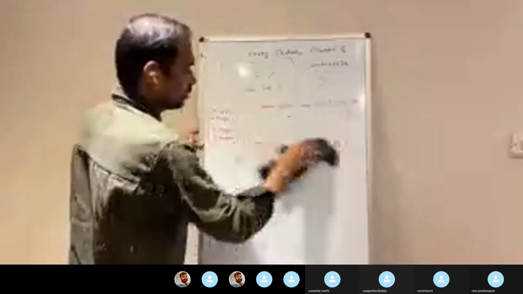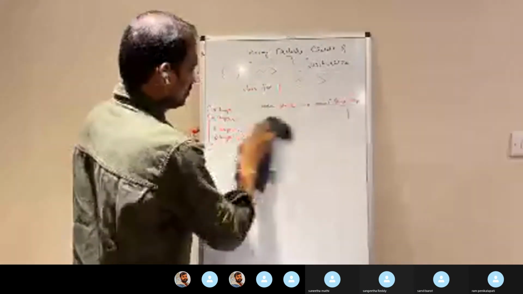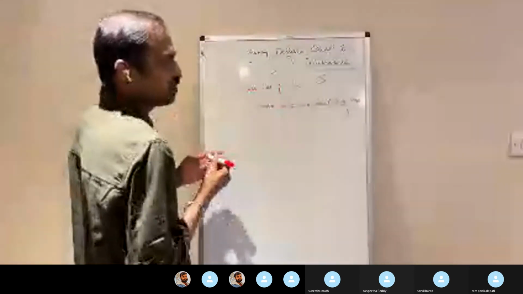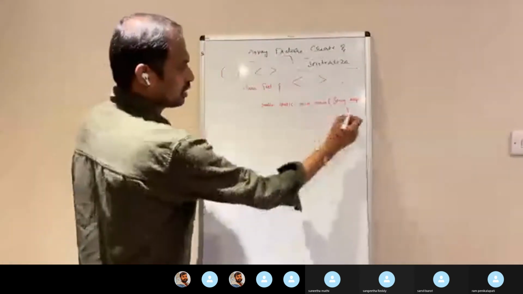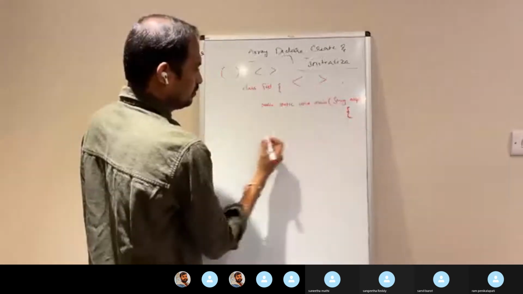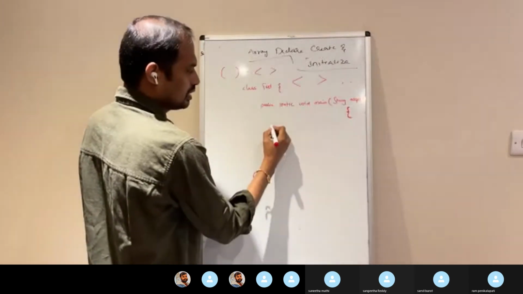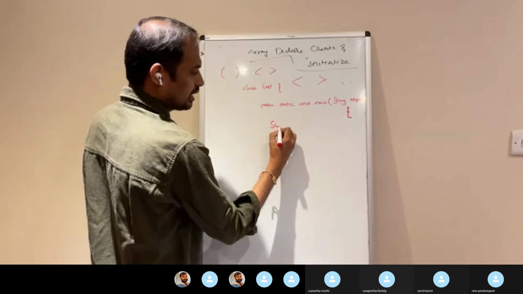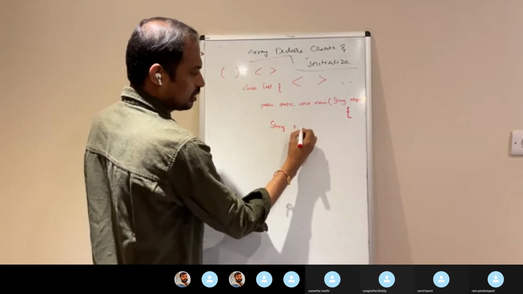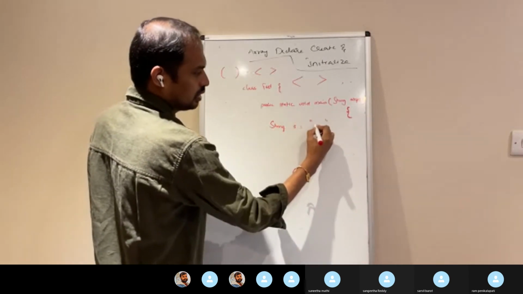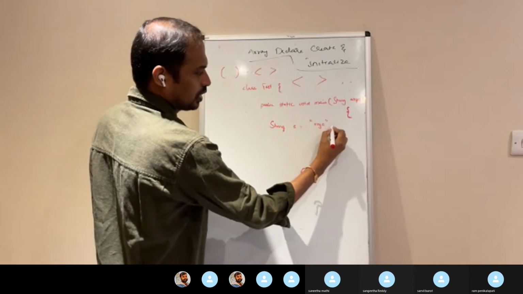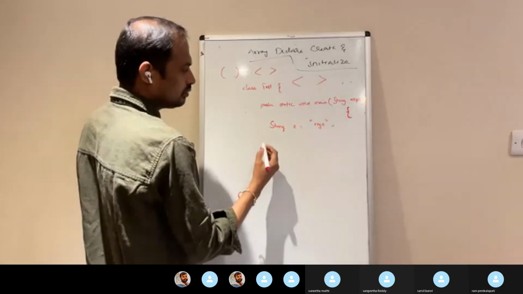Okay, I'll give one program. Public static void main, string args, open square bracket. Initialize string s, capital S, is equal to, in double quotes, your name, semicolon.